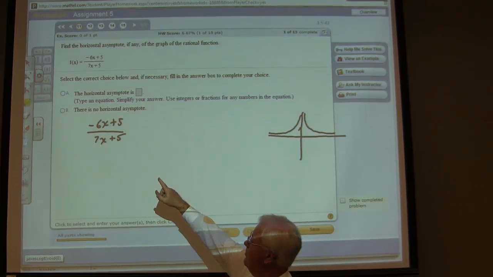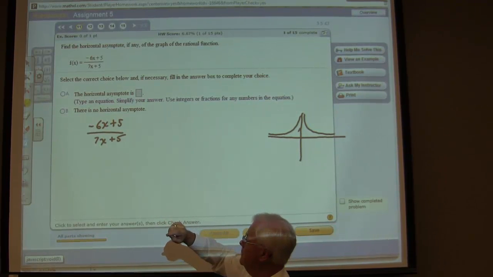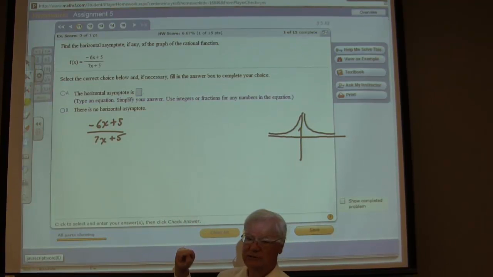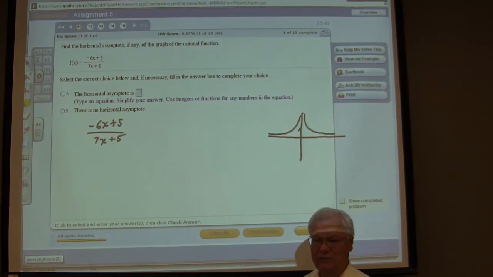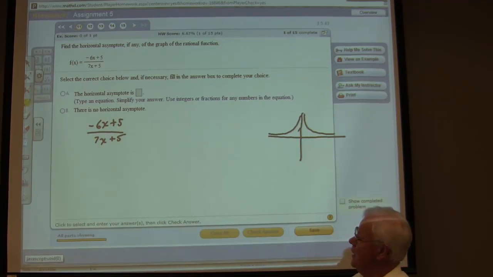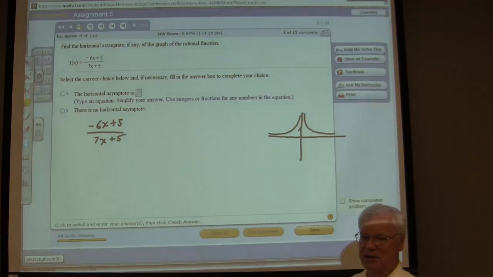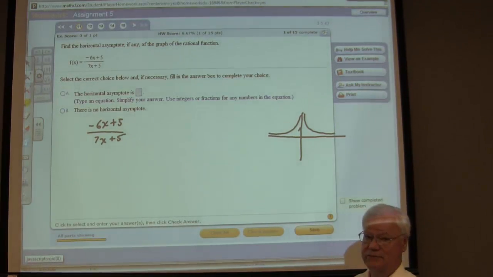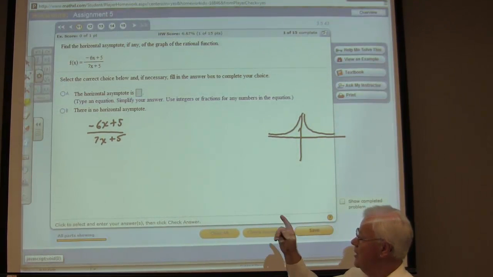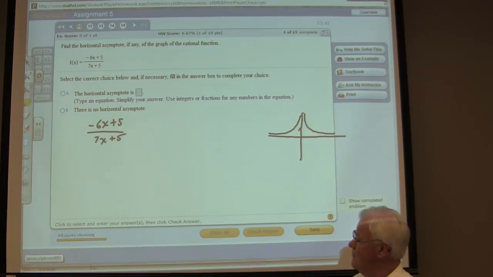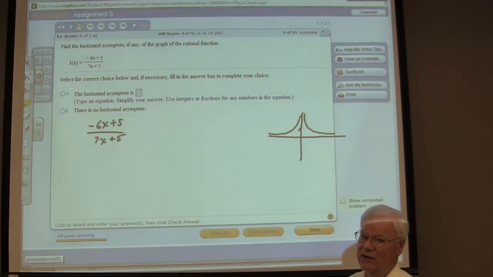Well, the top would be minus 6 trillion plus 5. Does that plus 5 really mean a whole lot anymore as x gets to a billion? Minus 6 billion plus 5. And the same thing on the bottom, 7x would be 7 billion plus 5.